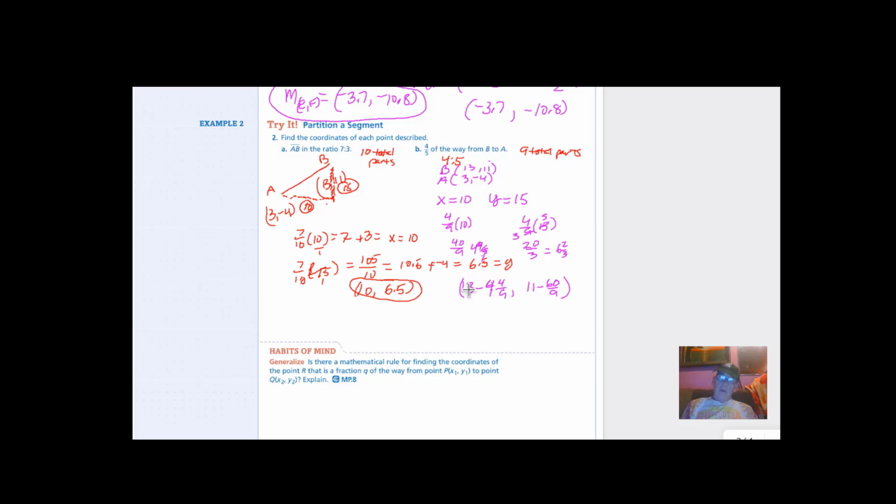So we're going to end up with 8 and 5/9 for the x-coordinate. And for the y-coordinate, since we're dealing with 9s as denominators, we could look at 11 as 99 over 9, because 99 over 9 is the same as 11. 99 over 9 take away 60 over 9 is 39 over 9.